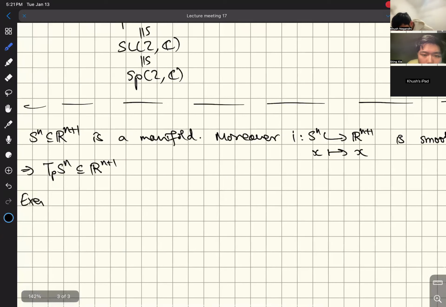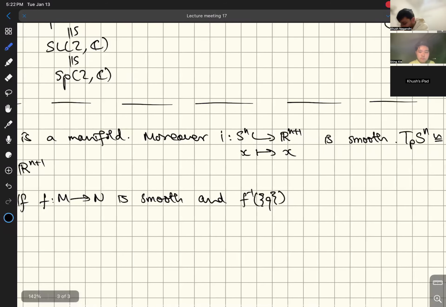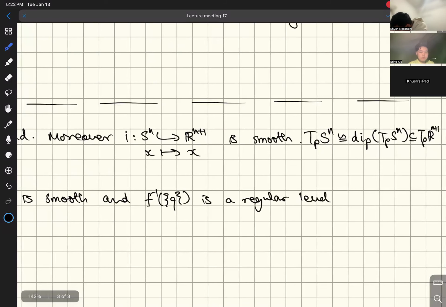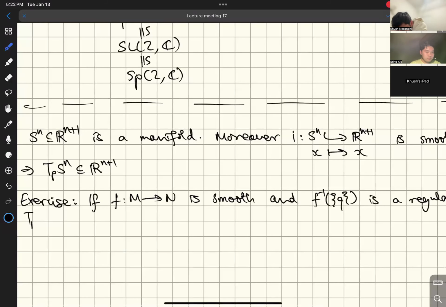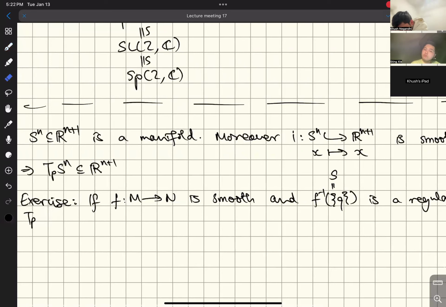And now it's an exercise. If M is a manifold, and f from M to R^n is smooth, and f inverse of a point is a regular level set, let me call this thing S. Then the tangent space at a point p of S is equal, under the identification, to the kernel of the differential.